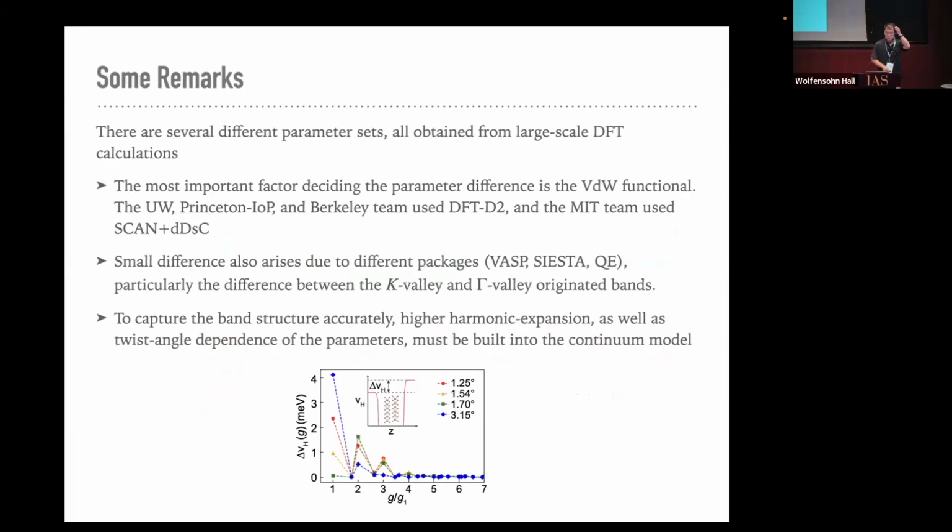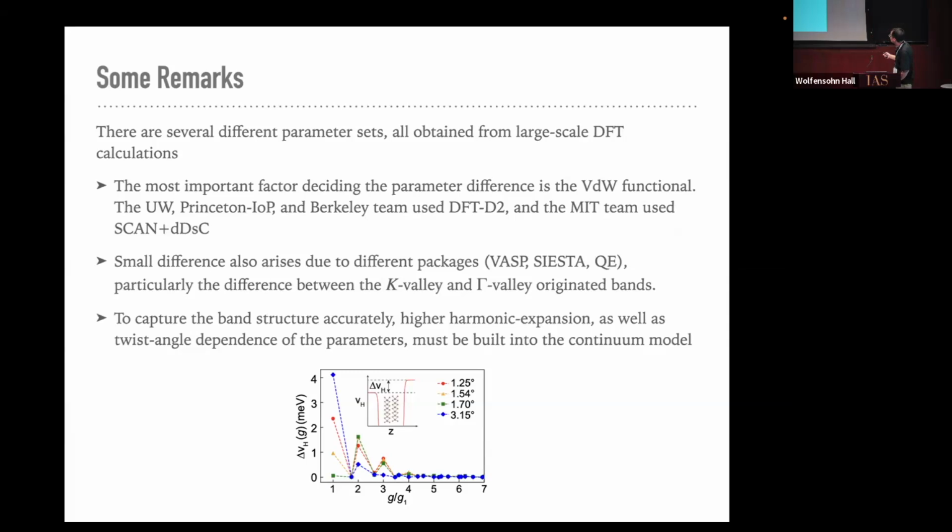So let me make some remarks. There have been several different parameter sets flowing around, and all are obtained from large-scale DFT calculations. Depending on what you do in your calculation, you could have different parameters, right? The most important factor deciding the parameter difference is the van der Waals functional. Our group, the Princeton IOP collaboration and the Berkeley team, we all use DFT-D2, just for the experts in the audience.